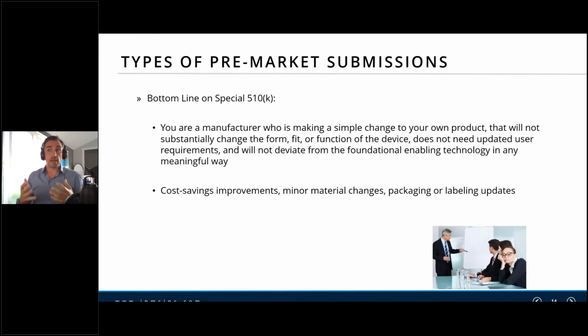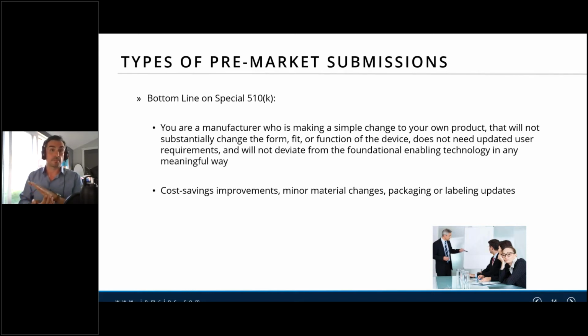So the bottom line in the special 510K, you're a manufacturer who's making a simple change to your own product that will not substantially change the form, fit, or function of the device, does not need updated user requirements, and will not deviate from the foundational enabling technology in any meaningful way. I said I wasn't going to read slides to you. I apologize, but I just want to put this down. Special 510Ks are for layups, okay?